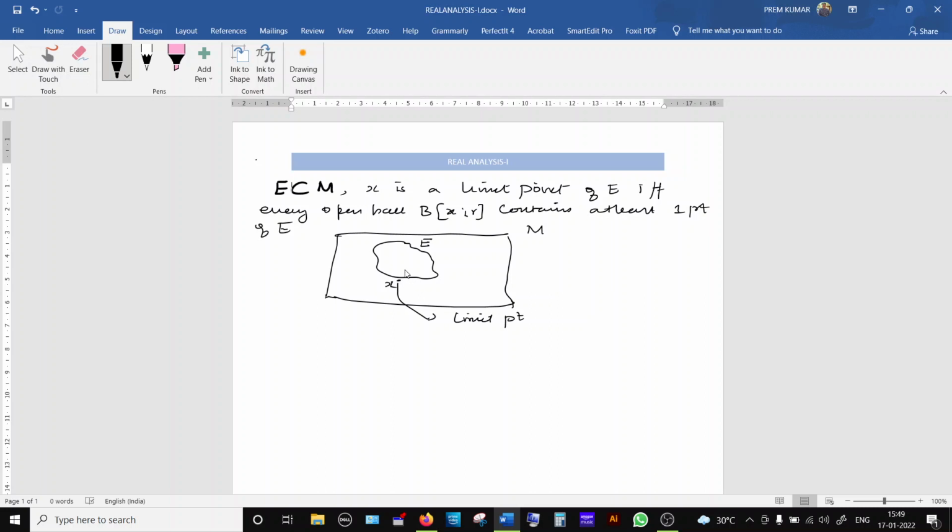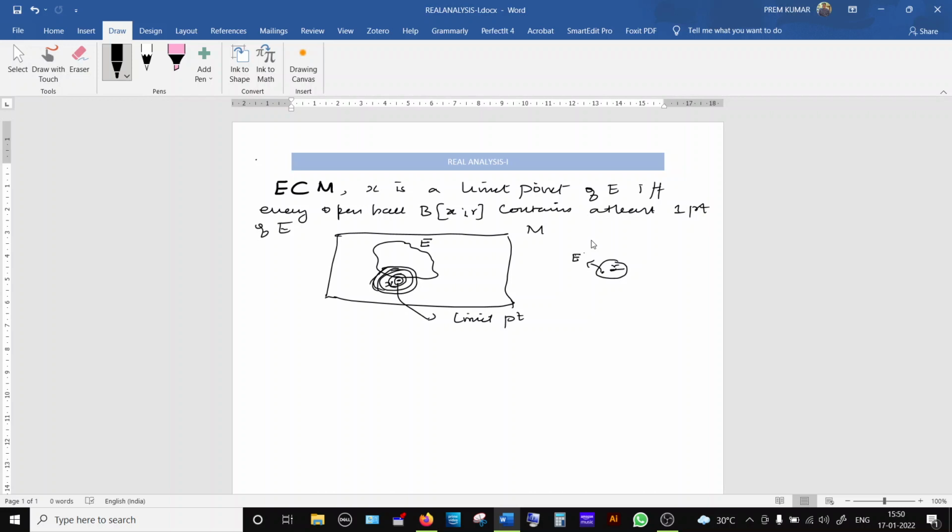Whatever open ball we construct with center at X, the center is the same, and the radius alone will be changing, something like concentric circles. Suppose one open ball with center at X has radius R. This should contain at least one point of E. This element should belong to E.